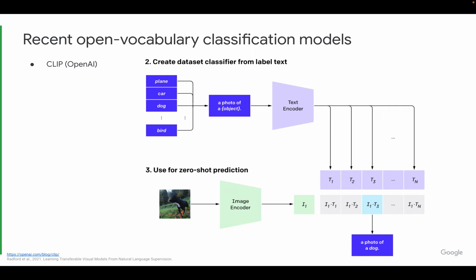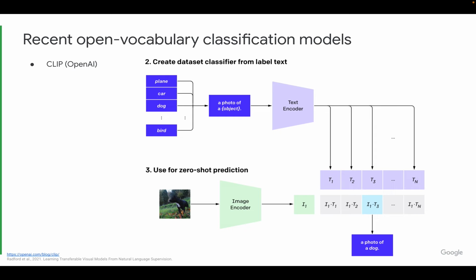After being pre-trained on the very large-scale dataset, CLIP achieves amazing performance on downstream classification tasks. For each candidate category, they use a prompt template, a photo of the category, for example, a photo of a dog, as the text query.